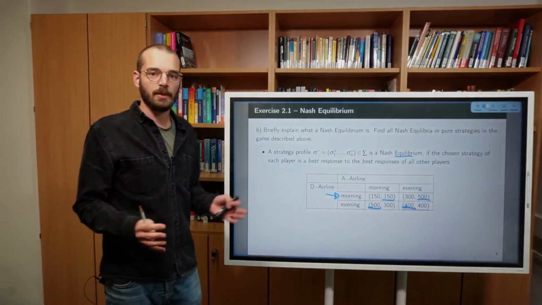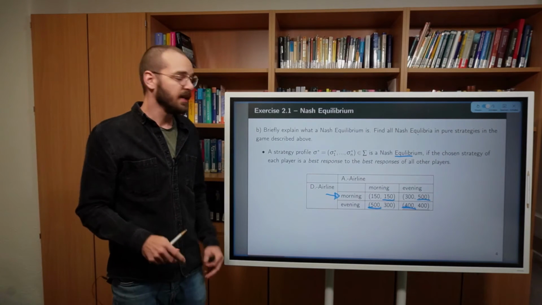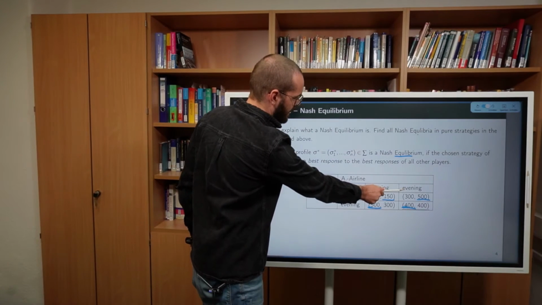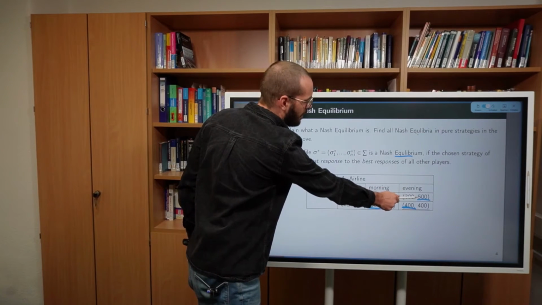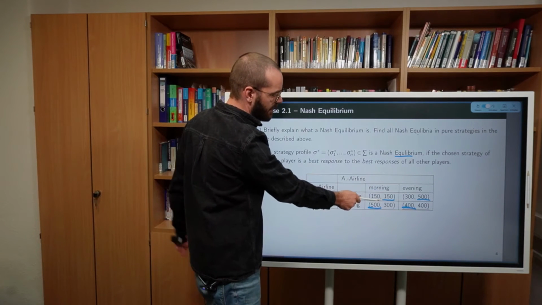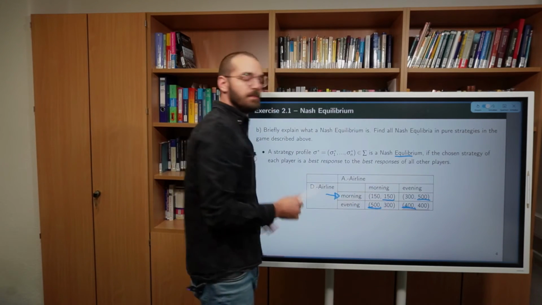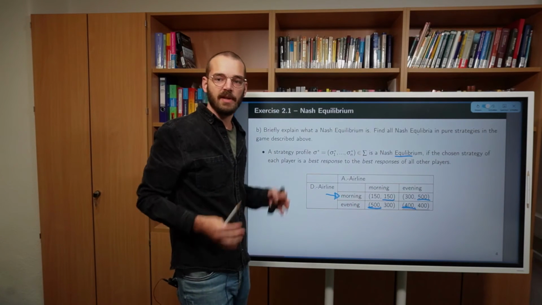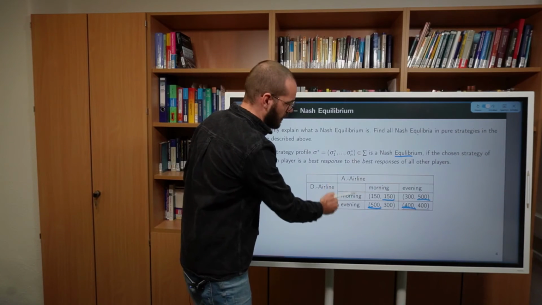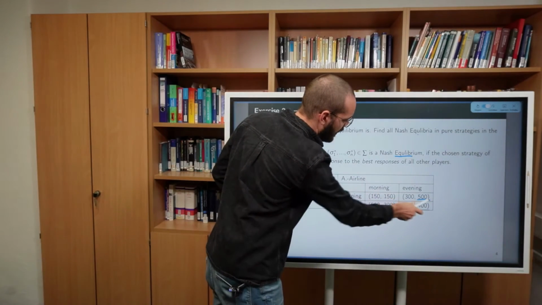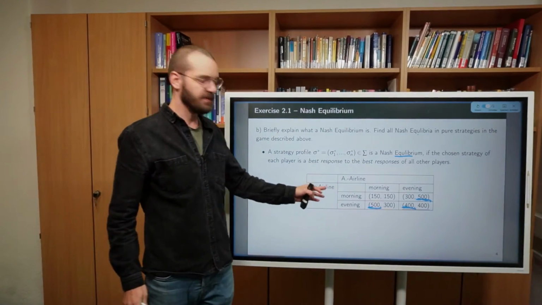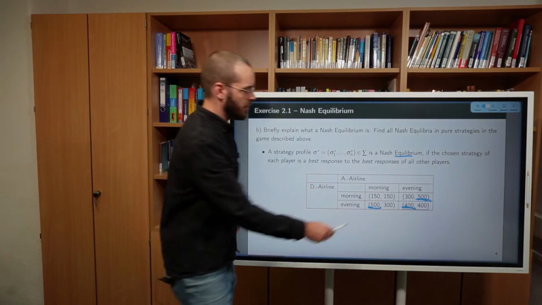And similar to what we just saw for the other airline, we see that playing the strategy evening yields a higher payoff, namely 500, than playing the strategy morning, which yields a payoff of 150, assuming a given strategy of morning played by D. All right, so let's again underline the best answer of the A airline towards this specific strategy of the D airline, which is evening.